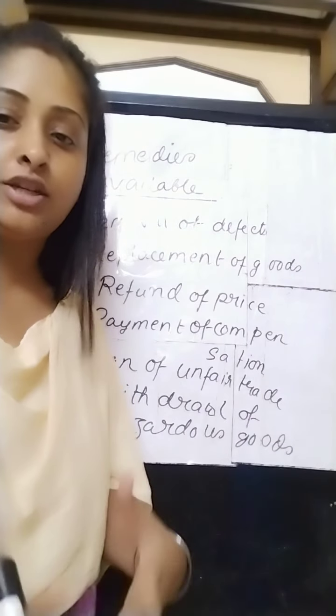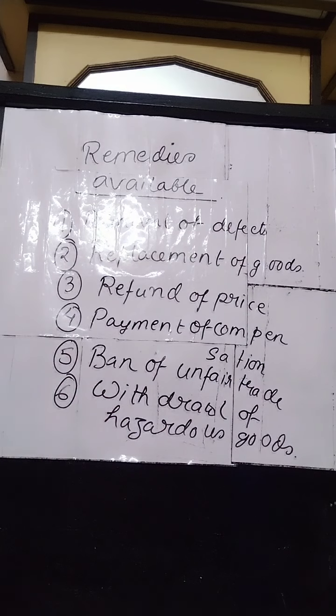So this is another kind of remedy that can be applied. These are the possible remedies, the possible reliefs available to consumers. You have to cover these points whenever you are asked about the possible remedies that the Consumer Protection Act can offer. Now we move to the second topic.